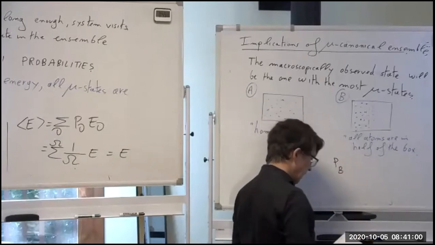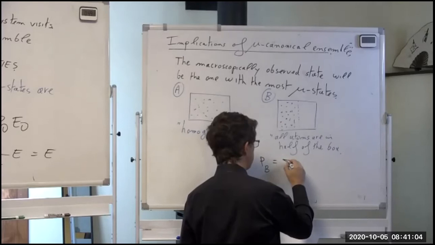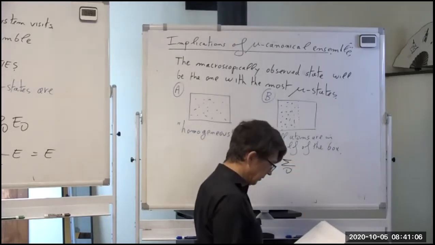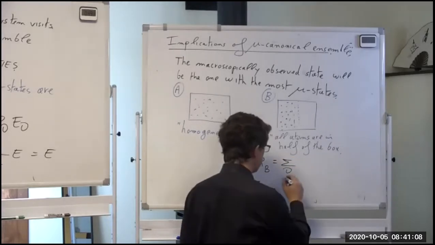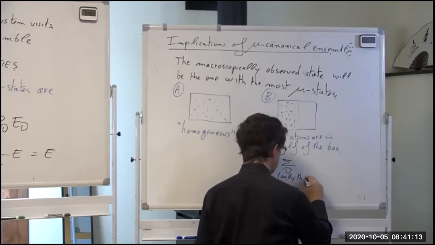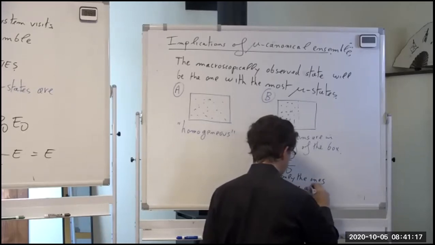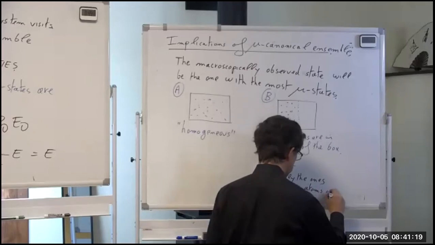The probability that I observe B, I'm going to write this out with words, is the sum over all the microstates, but restricted to only the ones where atoms are in half the box, right?